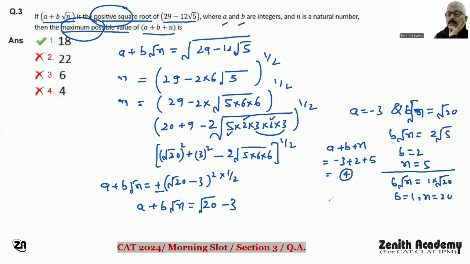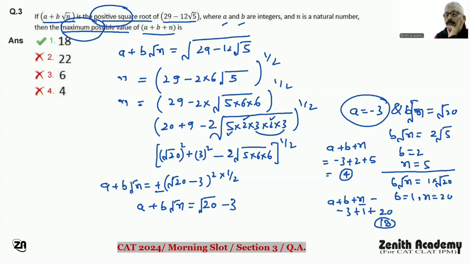So now a plus b plus n, a is minus 3, b is 1 and n is 20. So this time 21 minus 3, 18.